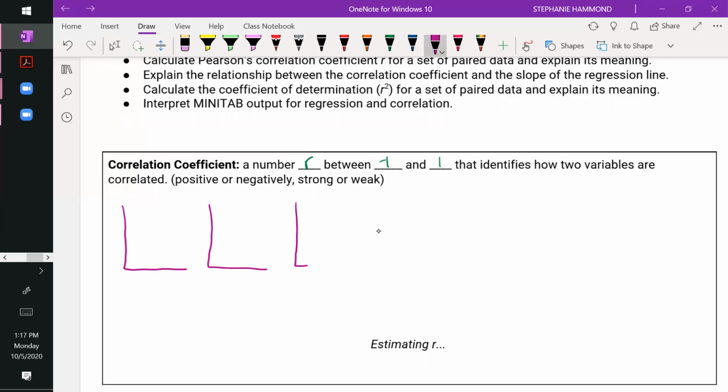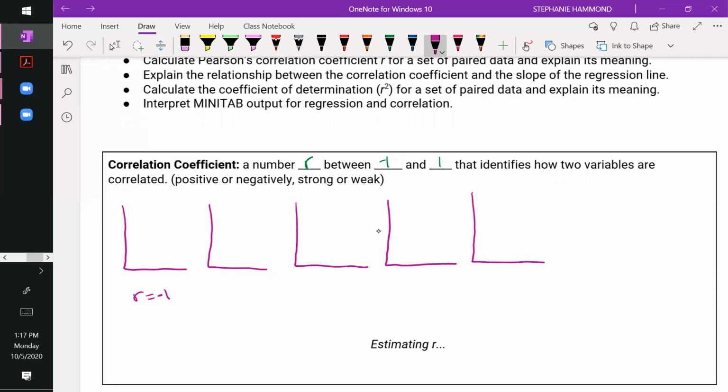I'm going to draw 5. Okay, so let's start with -1. If R equals -1, that means we have a negative slope and a perfect straight line.